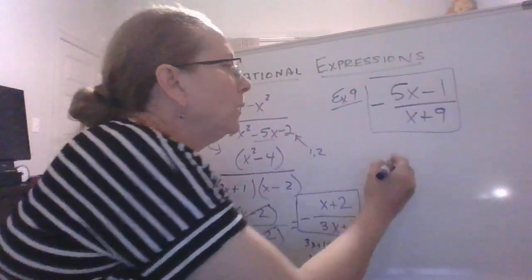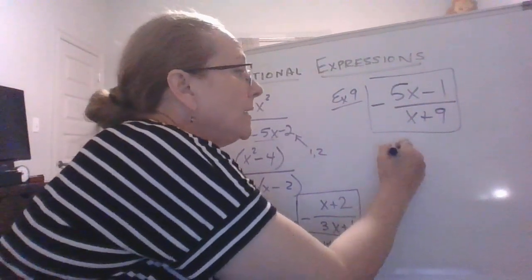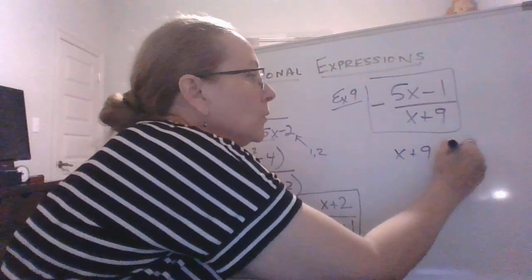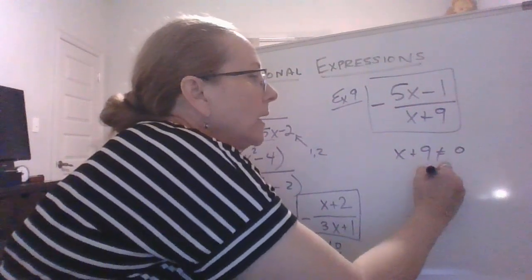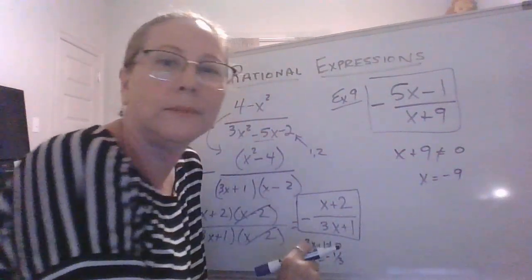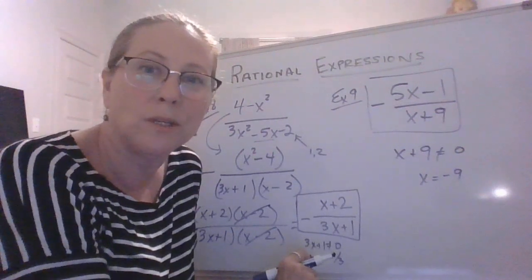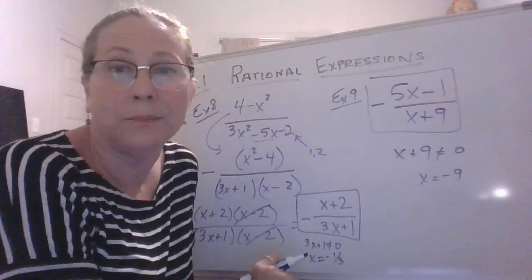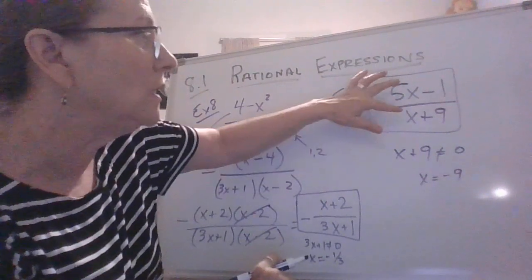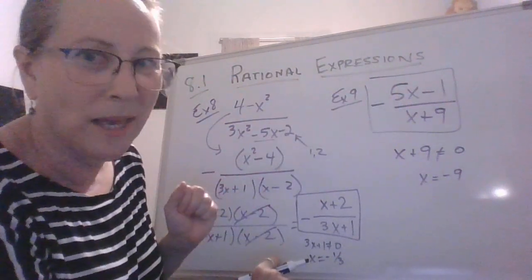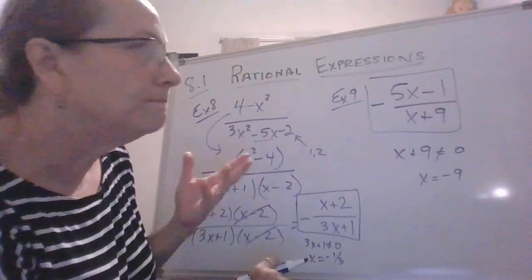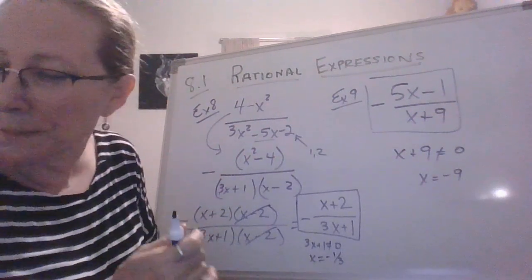And at this point, we would just say that x plus 9 cannot equal 0. So x cannot equal negative 9. That is where it would be undefined. And we'd be finished. So we would just say it's already simplified. They're just trying to see if you might cancel out some x's or do something. But it's already done.